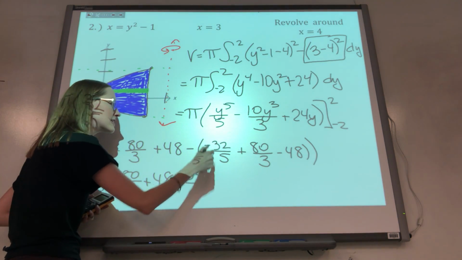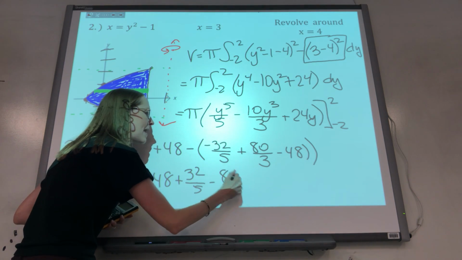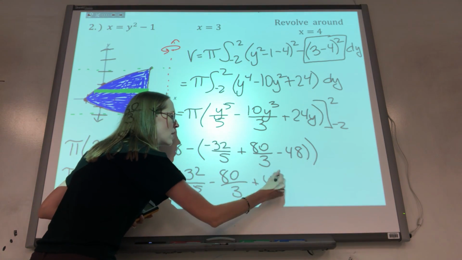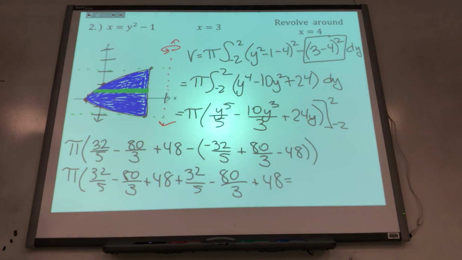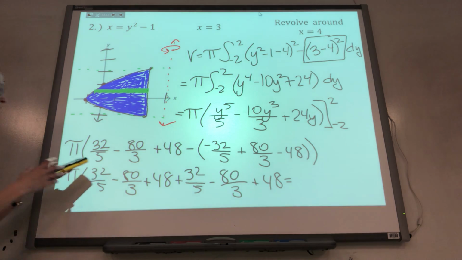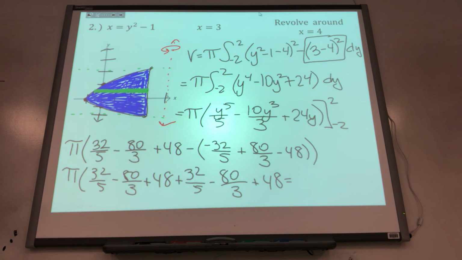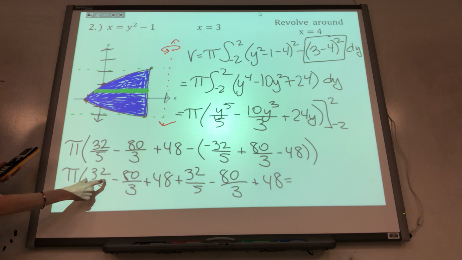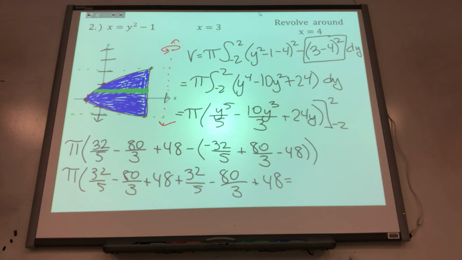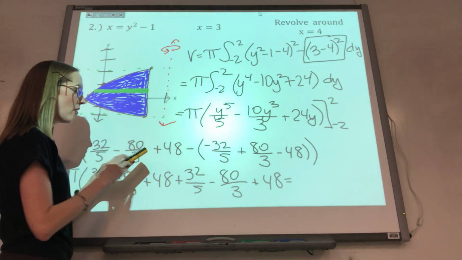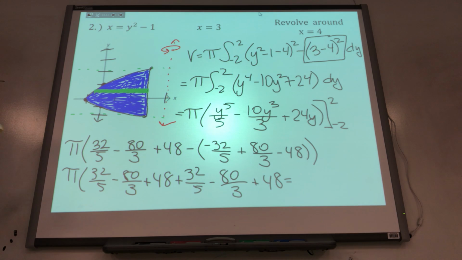This is going to be plus 32 fifths minus 80/3 plus 48. I'm just using parentheses on my calculator to keep those fractions together. 32 fifths minus 80/3 plus 48 plus another 32 fifths minus 80/3 plus the last 48.